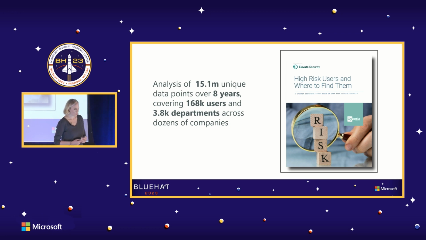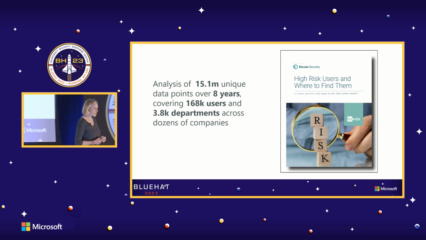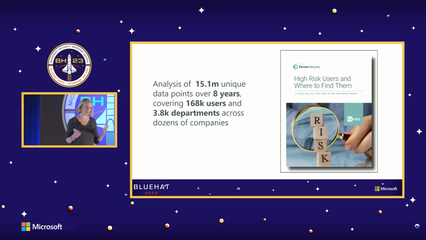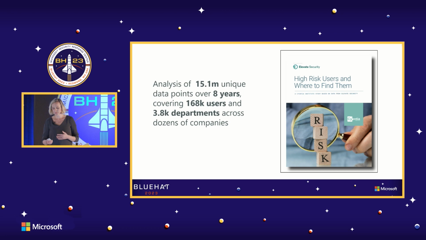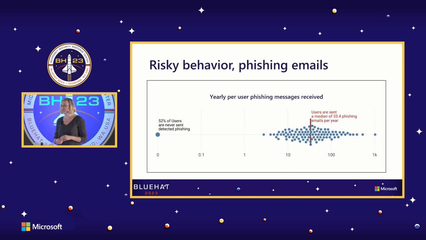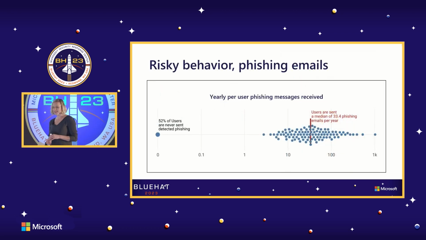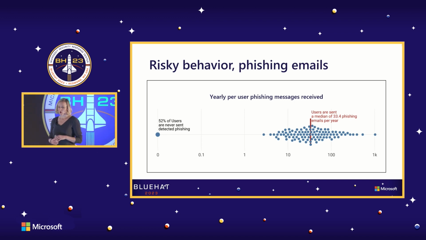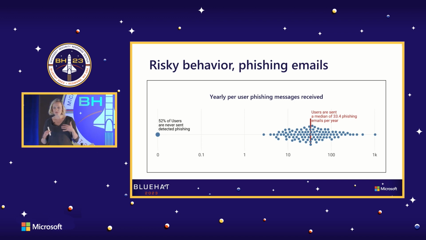So the very first thing that we wanted to take a look at is, what can we understand about phishing? Phishing is a ubiquitous problem no matter what organization you're in, what part of the world. We want to see, are there any lessons that the data can teach us around phishing? So the first thing that I wanted to show you is this attack frequency. What you see here is the number of phishing messages received by an individual.